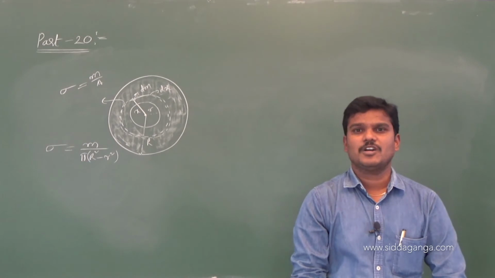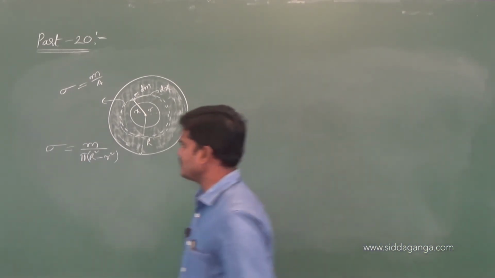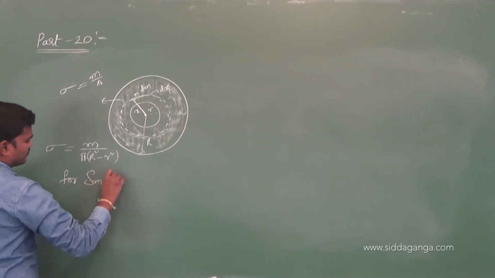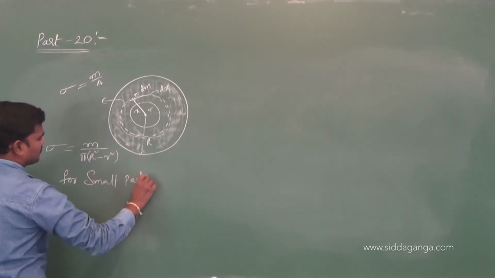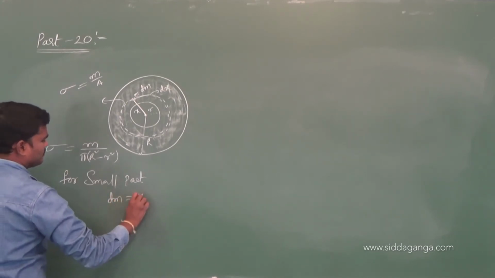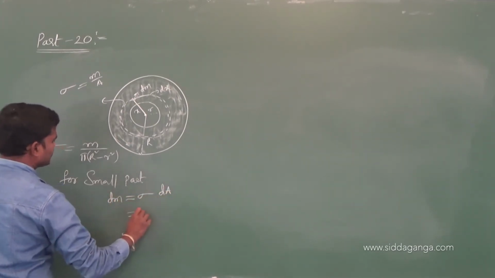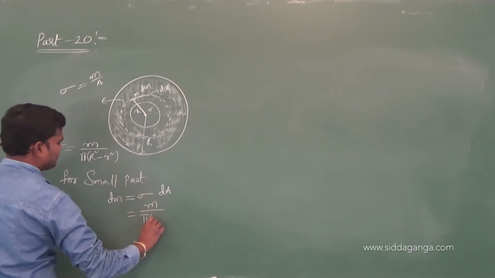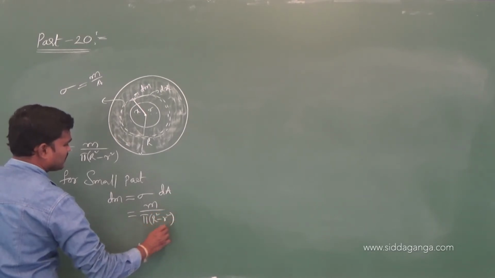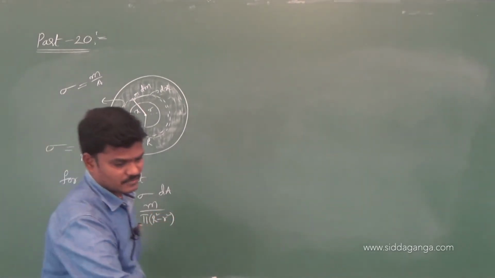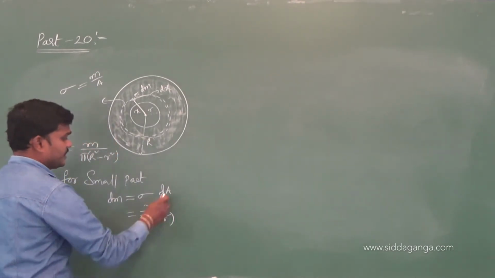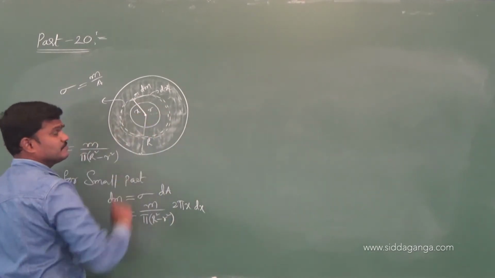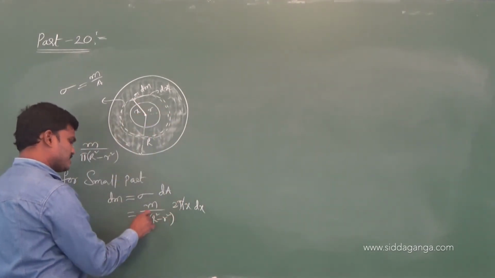Now write the mass for a small part: dm is equal to sigma into dA. Sigma is M by pi into R square minus r square. And dA we can write as 2 pi x dx, circumference times dx. Pi you can strike off.